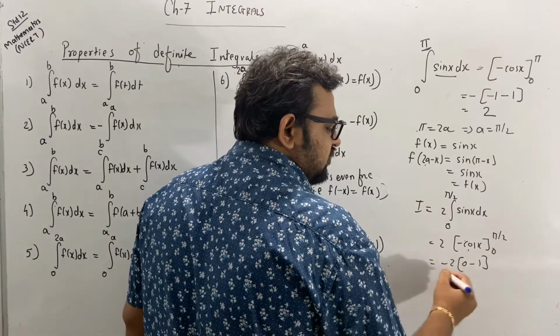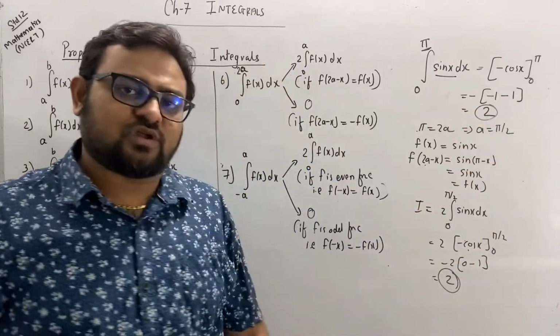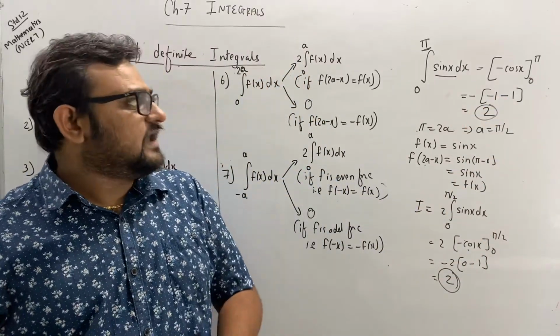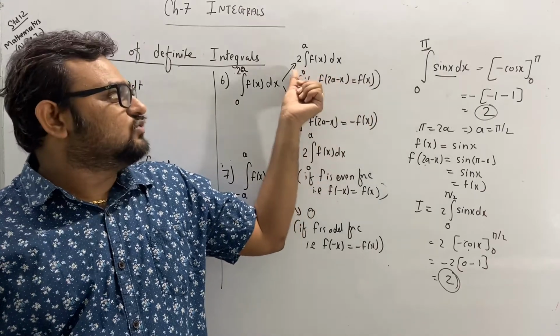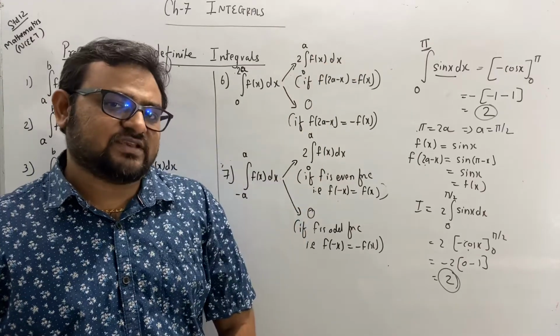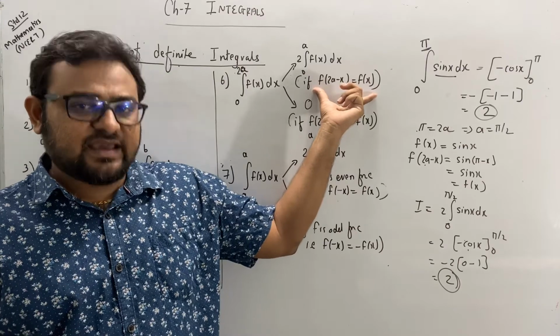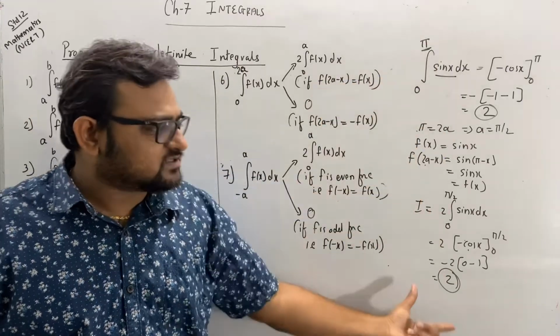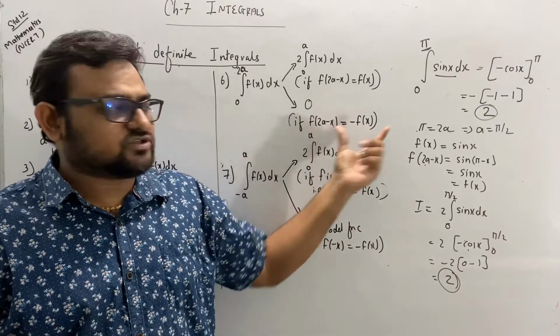So minus 2 into minus 1, answer is 2. Clear? So when f(2a minus x) is equal to f(x), then we will use 2 times integral 0 to a f(x) dx. Remember, f(2a minus x) must be equal to f(x). Clear? So first just go through this example which I have taken, then we will take one example related to this property. So just go through this.